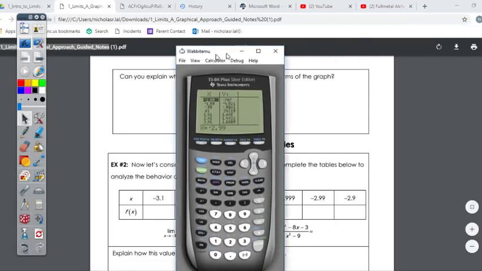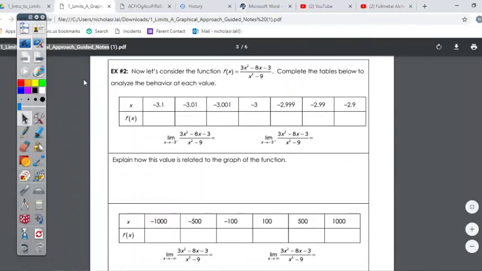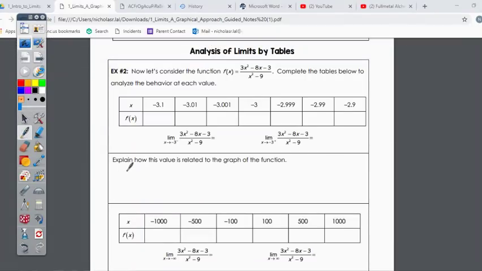So next we need to explain how this value is related to the graph of the function. So let's think about it. As x approaches negative 3 from the left, y increases.